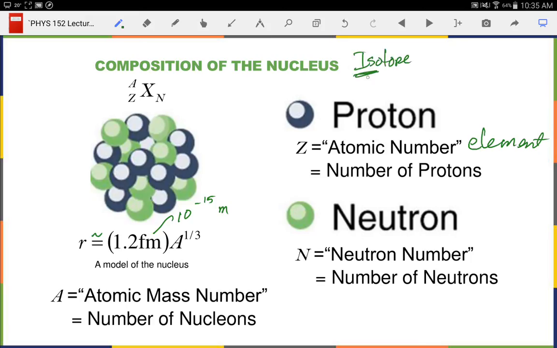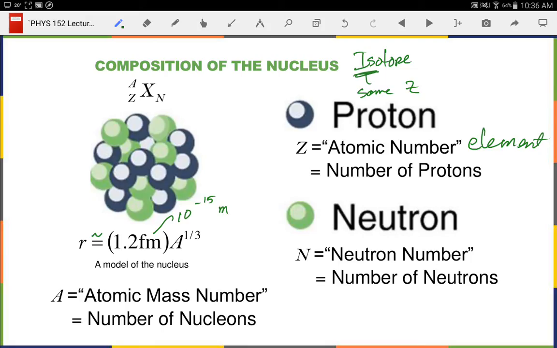Well, you know iso means same, and isotopes have the same atomic number. So I have different isotopes of, for instance, hydrogen. Who knows what the three isotopes of hydrogen are?